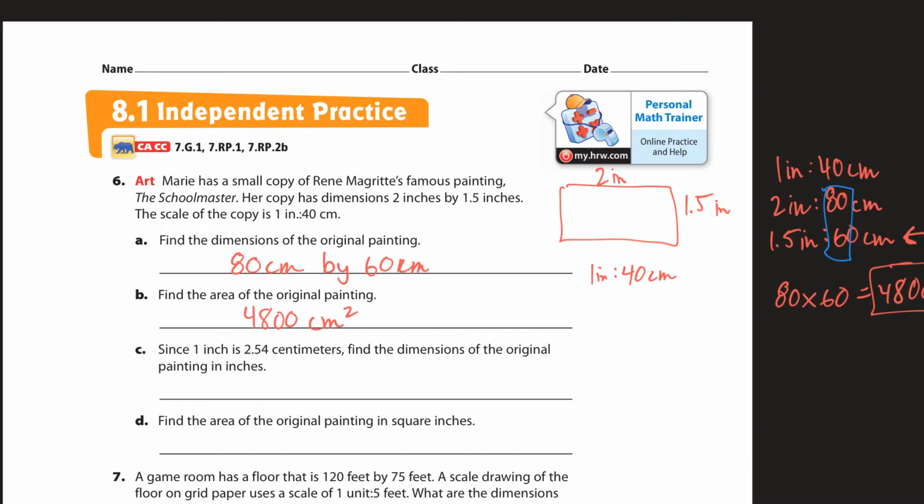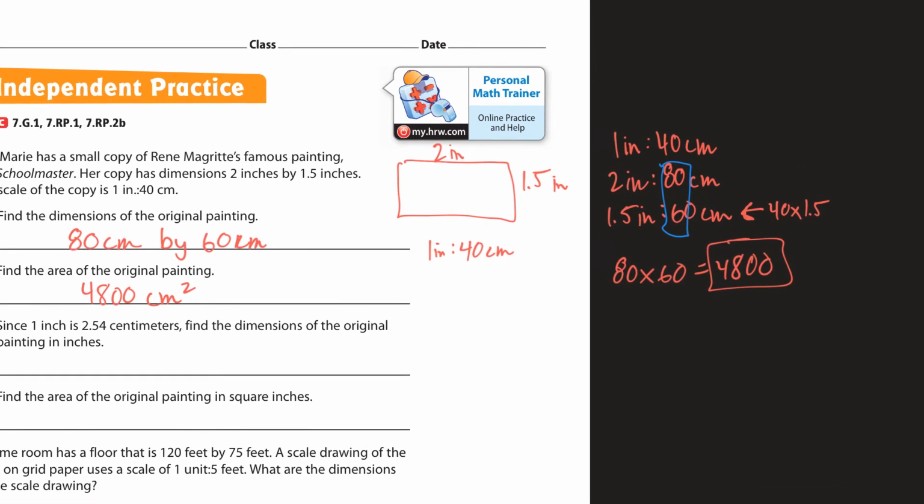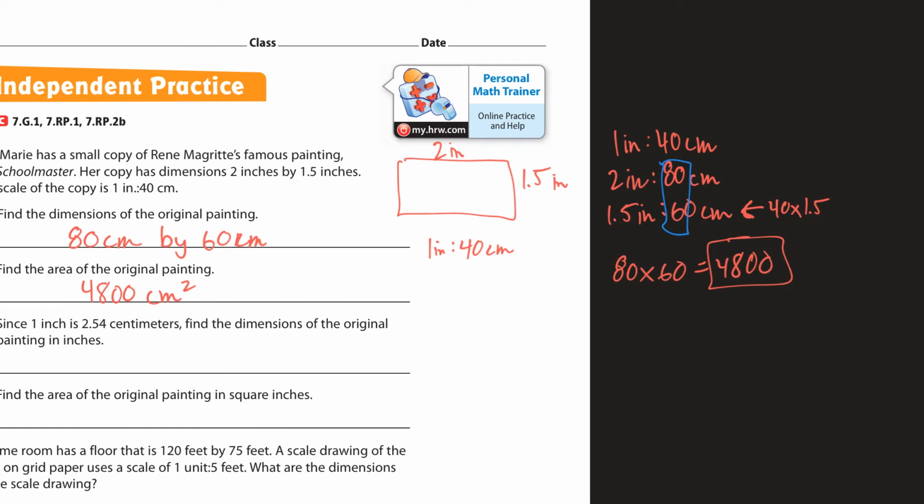Well, to answer this, I'm going to do a little technique that's called dimensional analysis. Let me erase this other stuff here. I don't really need this other stuff.